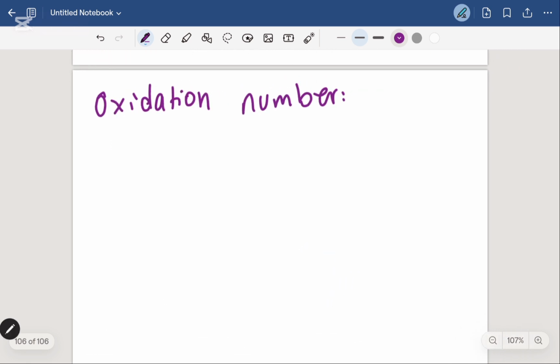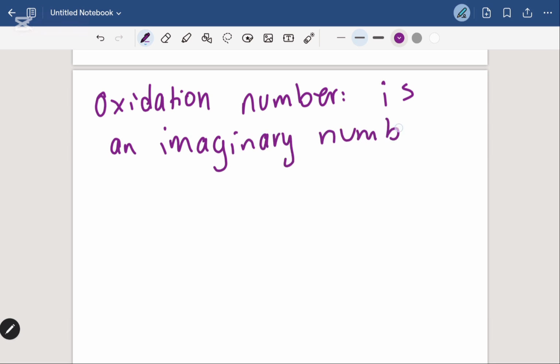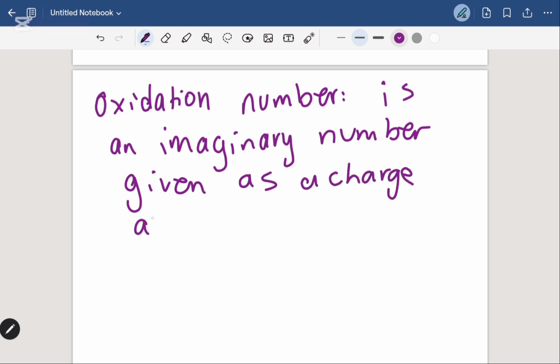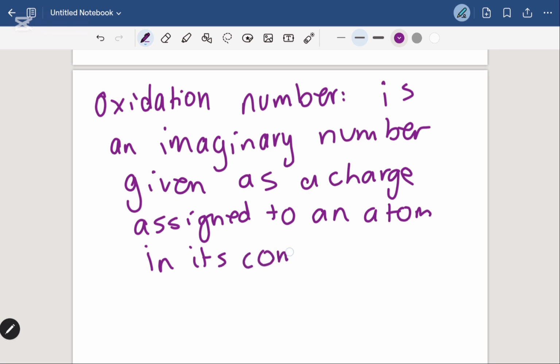Before we dive deep into why I said compound and I didn't say element, let me just write a quick definition. Oxidation number is an imaginary number given as a charge assigned to an atom in its compound.